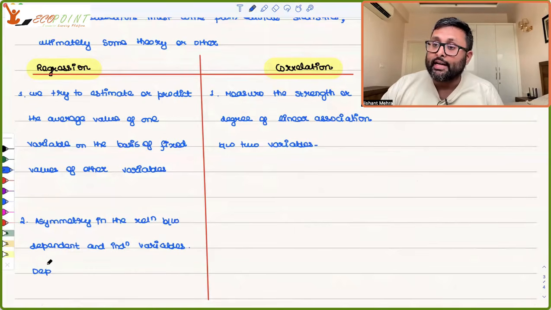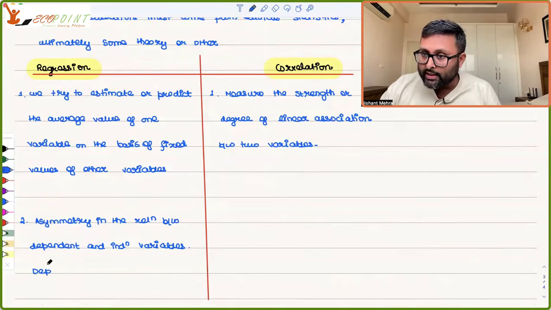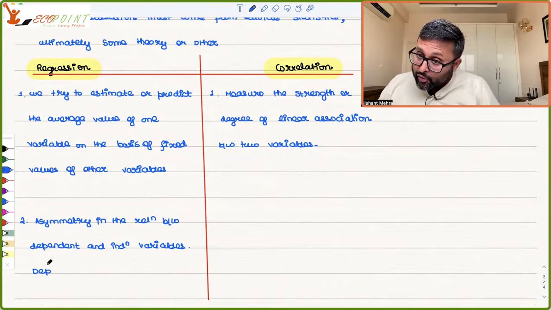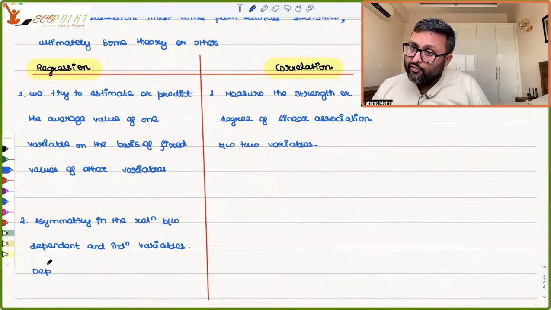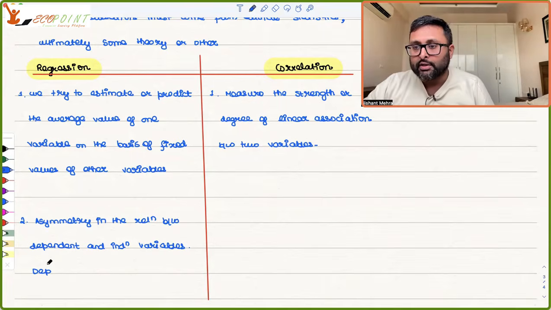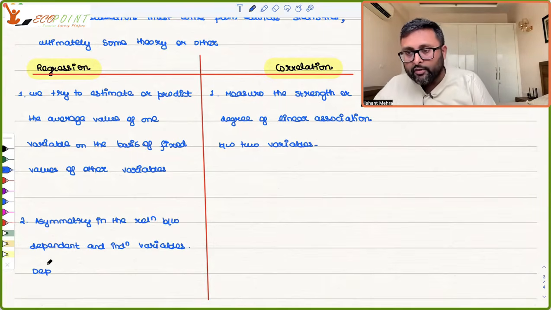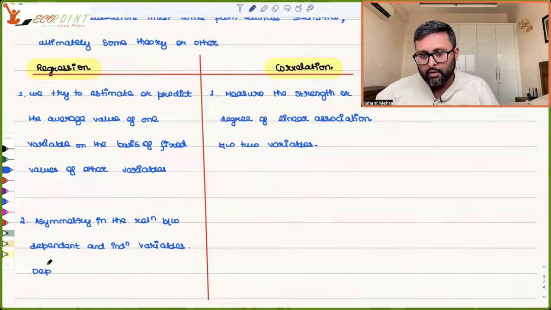You know the reason why? Even if you know the exact height of the father, you cannot predict with certainty what is going to be the height of the son. So there is a randomness involved in the dependent variable, right?